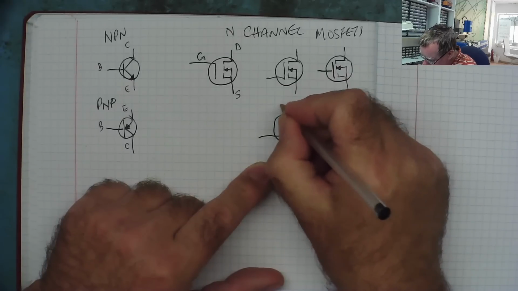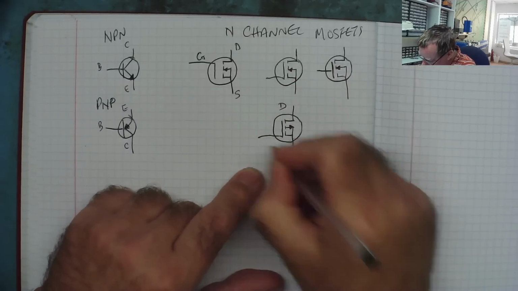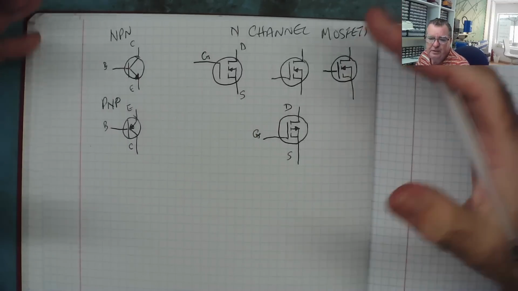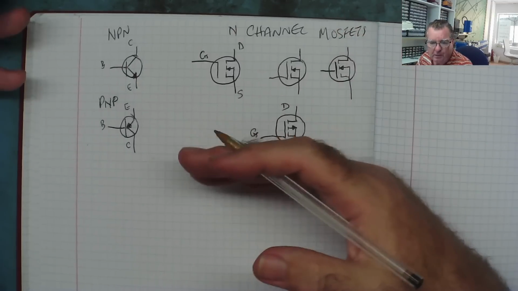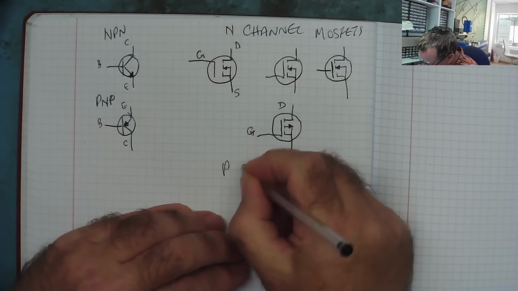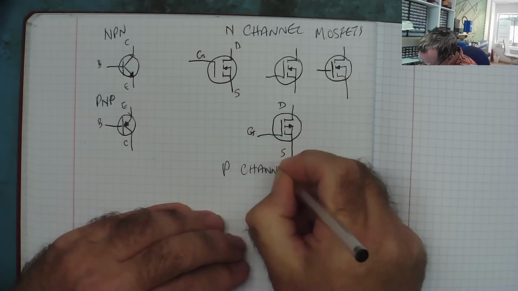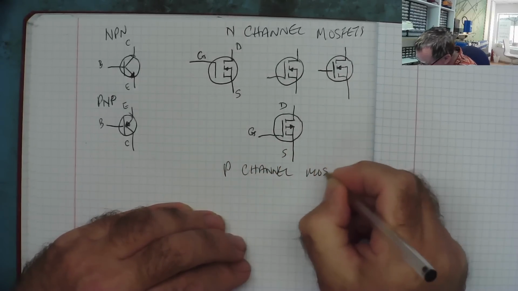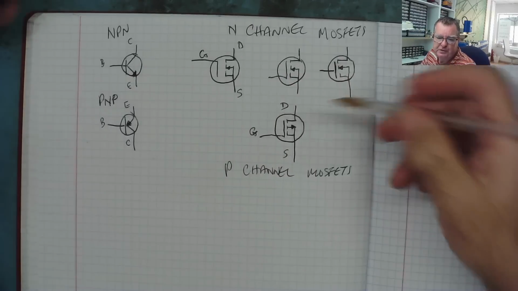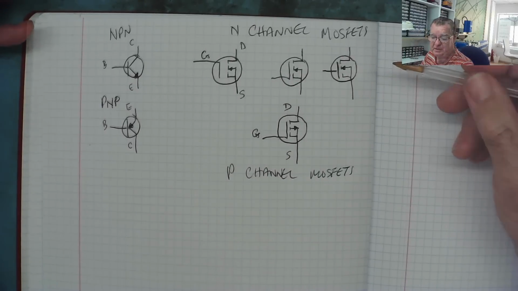Drain, source, gate. So those are the symbols for your bipolar transistors and for your MOSFETs, and these are P-channel or P-type MOSFETs. I'm sure I don't have to draw the two versions because you can see what they would be like.